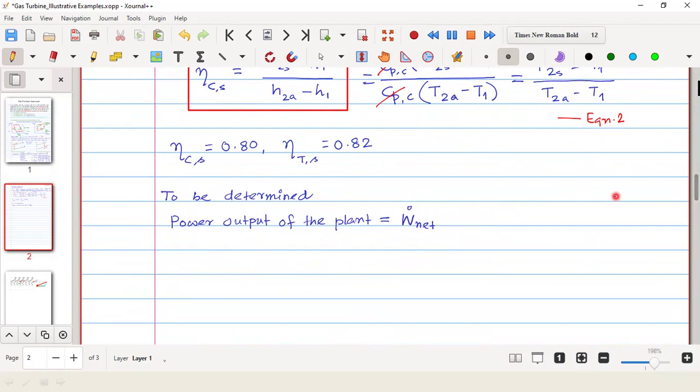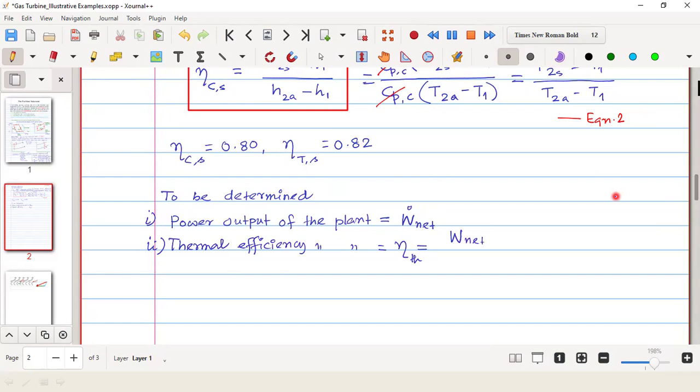Now thermal efficiency is next to be determined. First to be determined is the power output, second is the thermal efficiency of the plant. Eta thermal is equal to what?